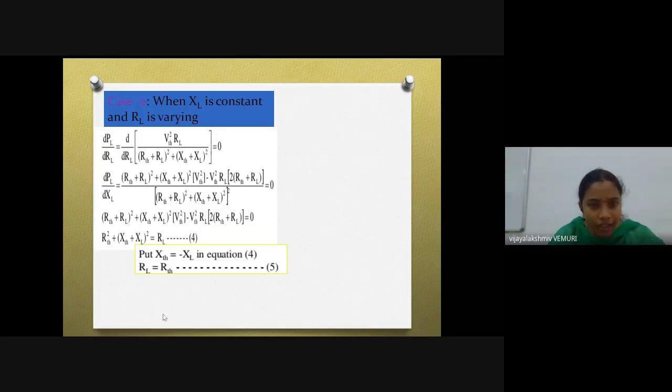Numerator equation is okay: RTH plus RL whole square plus XTH plus XL whole square into VTH square, minus VTH square into RL into 2 into RTH plus RL, is equal to 0. After simplification, have you got the fourth equation perfectly or not?